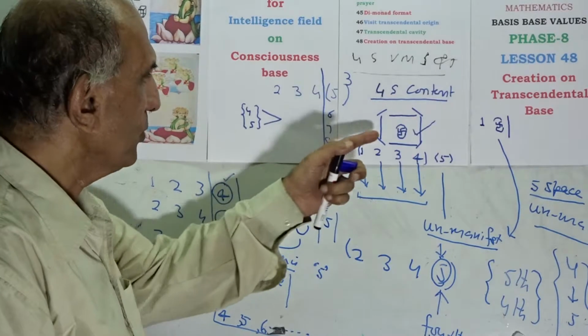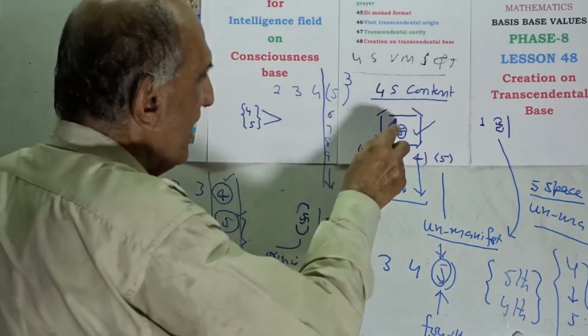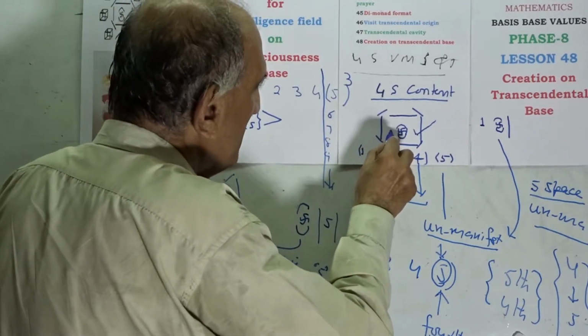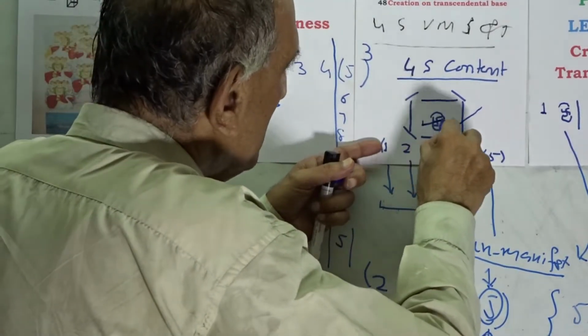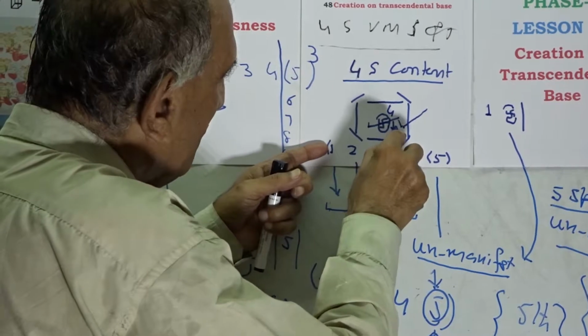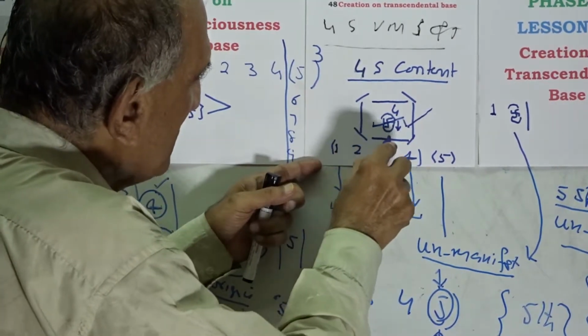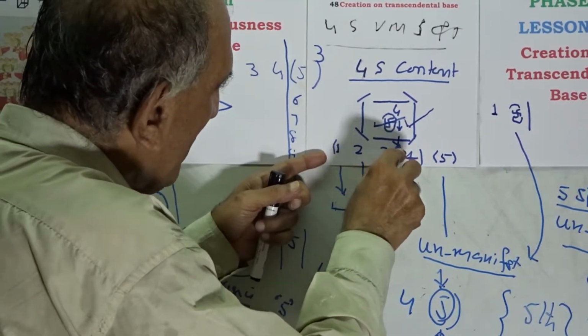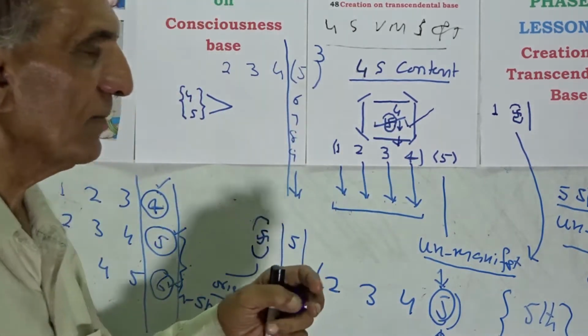So at origin of 4 space, is a seat of 5 space. So 4 space gets compactified with 5 space, and further 5 space gets compactified with 6 as its origin.